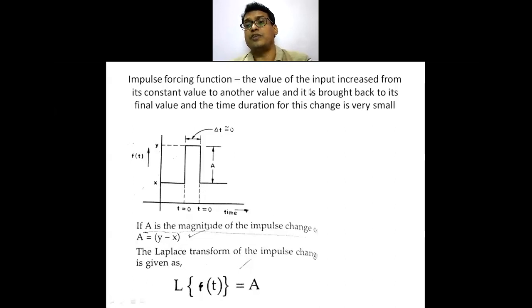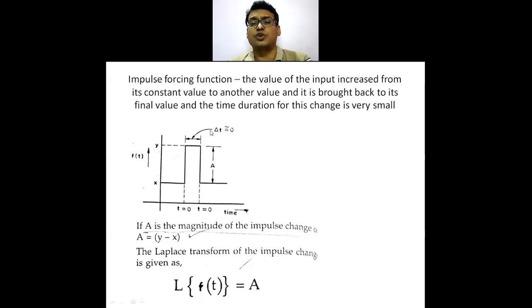The value of the input increases from its constant value to another value y, and it is brought back to its original value, and this time duration is very small. So at time t equals 0 the value is increased, and at the same time t equals 0 the value is decreased. So the change in time, delta t, is approximately equal to 0.